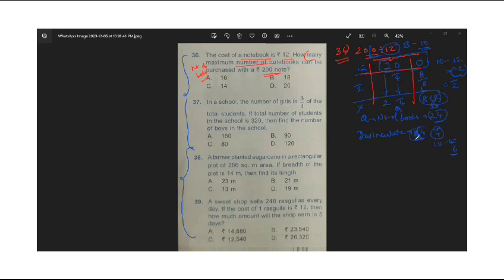And take the predecessor of 2, which is 1. So your answer becomes 15, which is the number of books that can be purchased with a 200 rupee note. So your correct answer option is A.